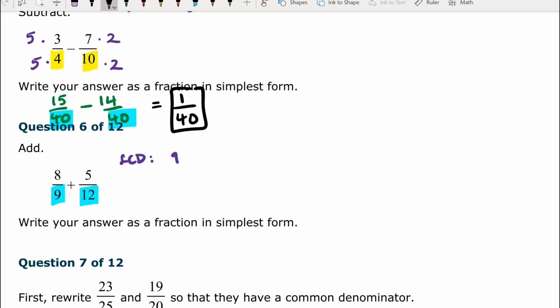The multiples of 9 are 9, 18, 27, 36, 45, 54, 63, and 72.